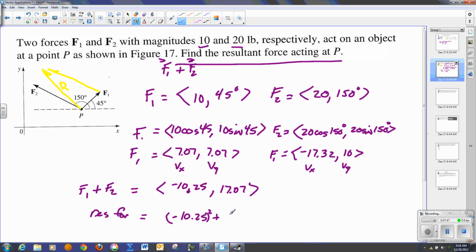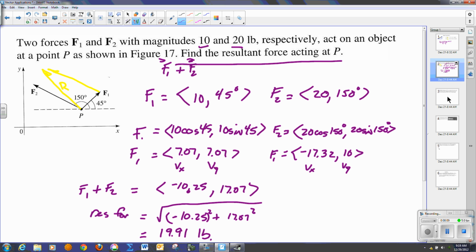Add that to 17.07, square that, and square root it. And that's going to get me roughly 19.91 pounds, since that's what we're working in.